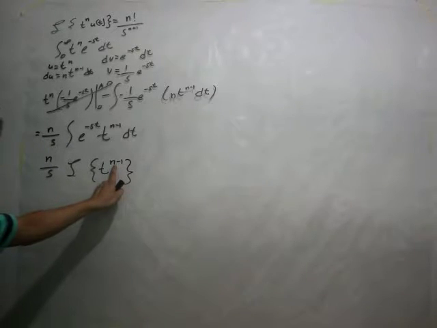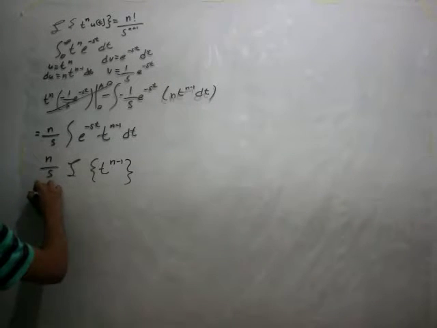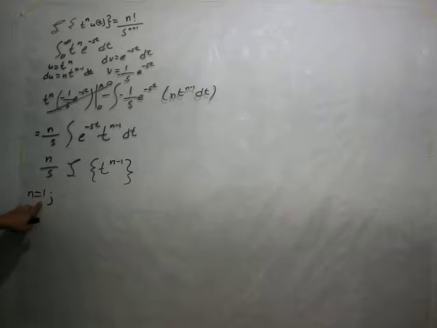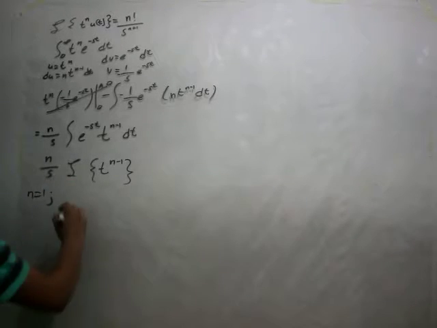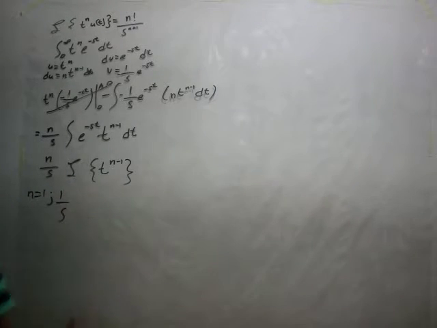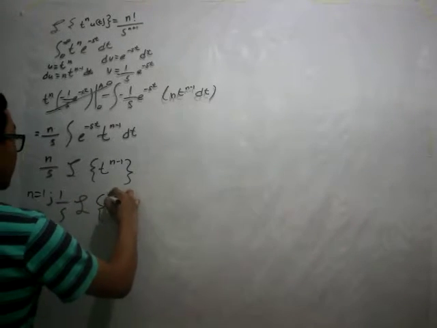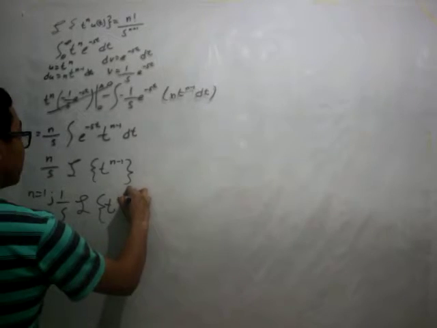And we will substitute n with 3 numbers: 1, 2, and 3. So we'll first start with n equal to 1. Now substitute 1 into these equations: 1 over s times the Laplace of t raised to 1 minus 1.